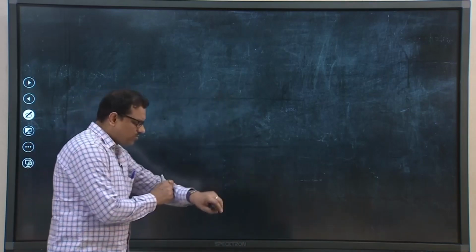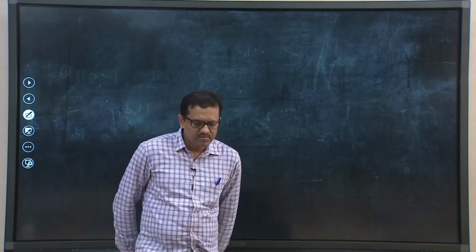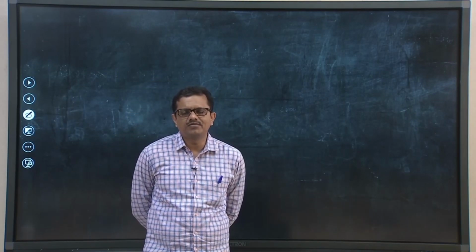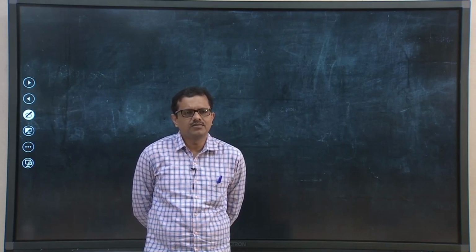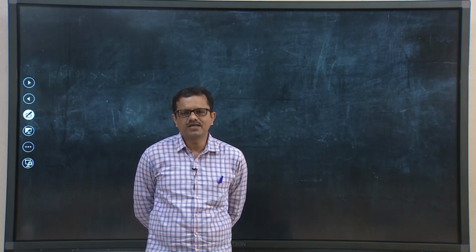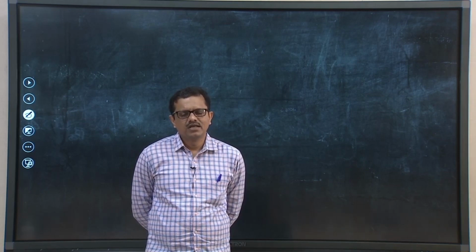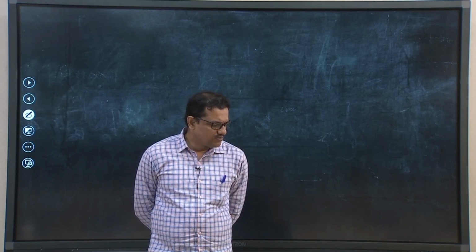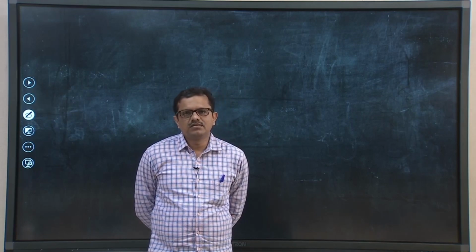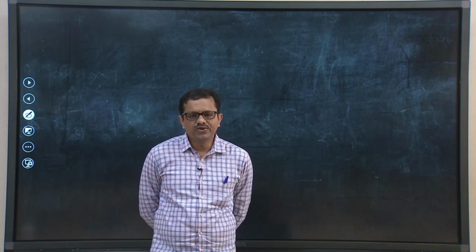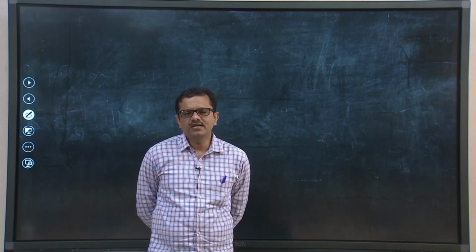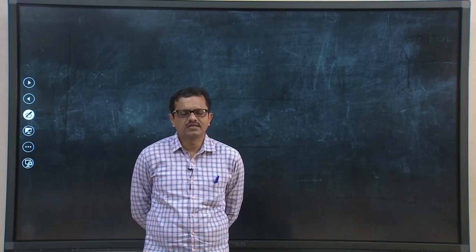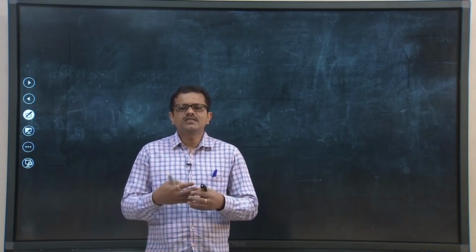Now, before discussing the blading or diagram efficiency of the reaction turbine, let us briefly recall the basic difference that we also discussed in one of the previous classes. An aspect for which reaction turbines are different from impulse turbines is the variation of pressure.